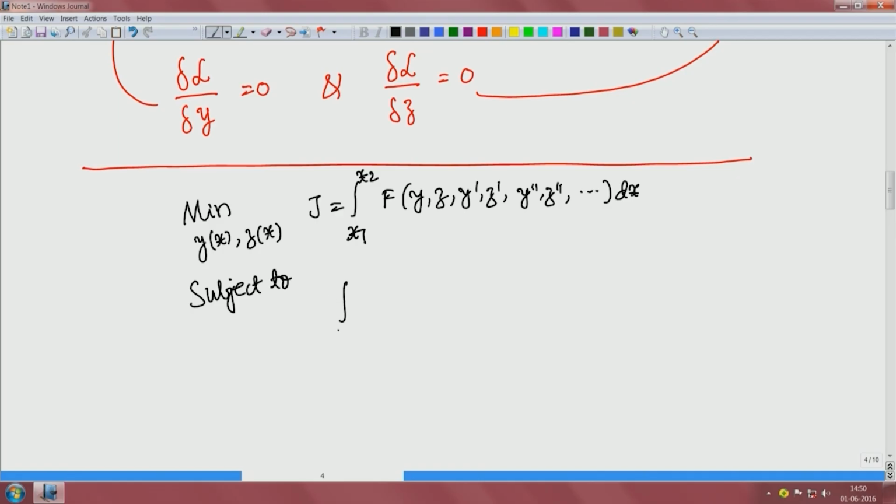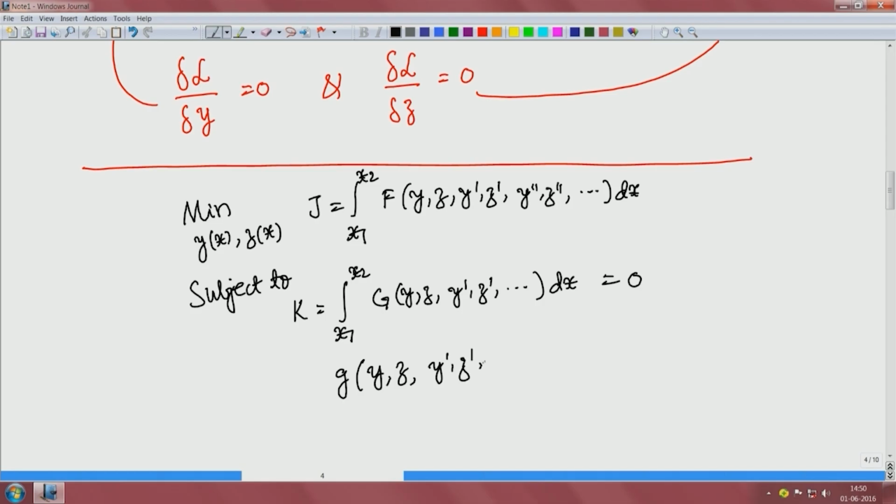Let us say I have a functional type constraint, which we have called k with integrand j, that depends on y, z, y prime, z prime, and so forth, any number of derivatives, equal to 0. And now we have also discussed a case where we have algebraic or differential equation type of constraints, again any number of derivatives.